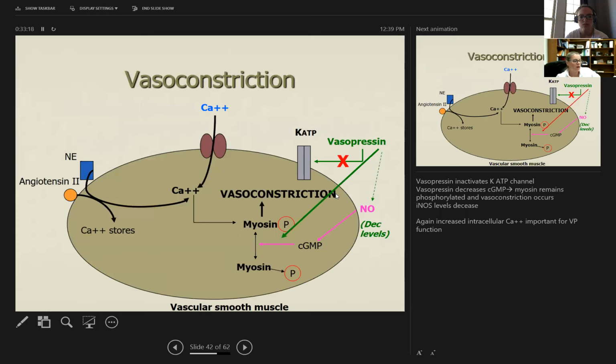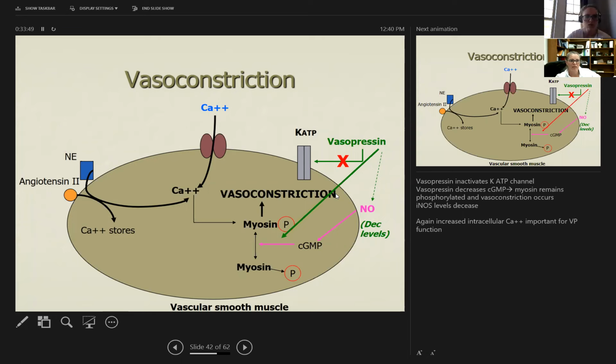So when we talk about vasoconstriction, again, just a reminder, vasopressin is going to block your potassium-mediated ATP channel. It's going to decrease nitric oxide levels, so then nitric oxide doesn't impact myosin phosphorylation, so the myosin stays phosphorylated, and you have constriction of the vascular smooth muscle.